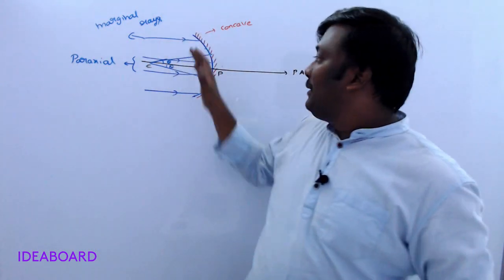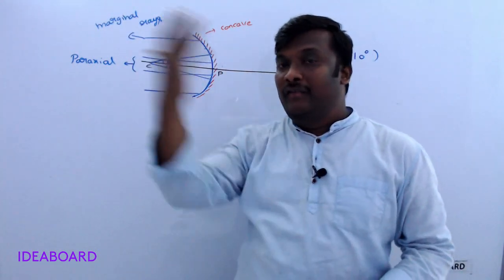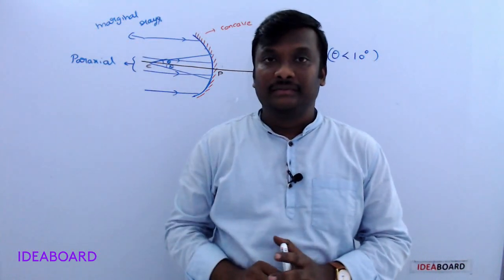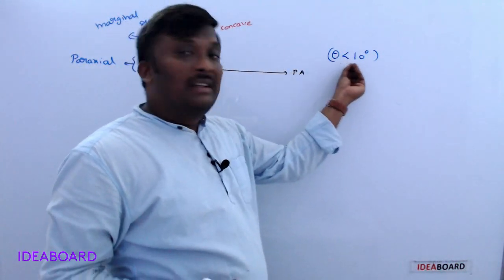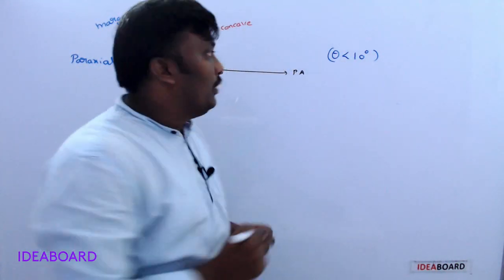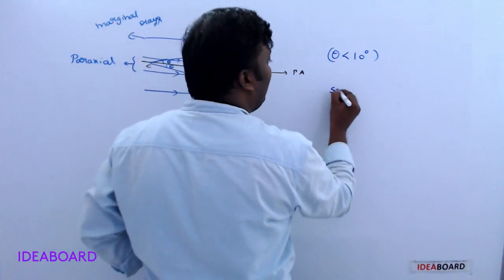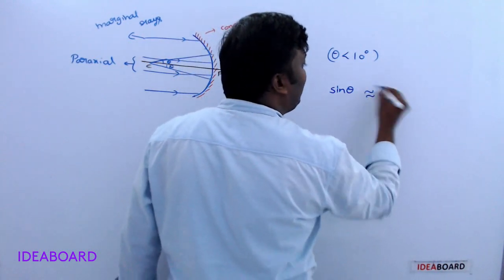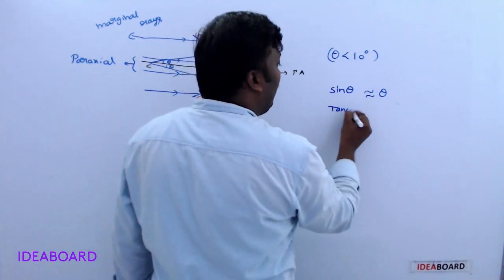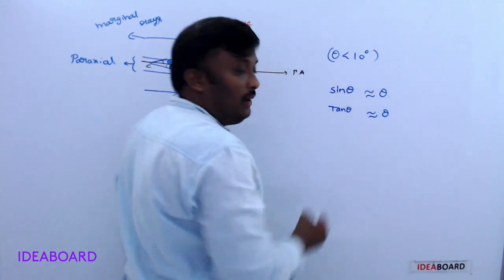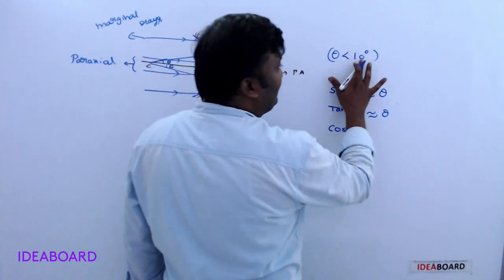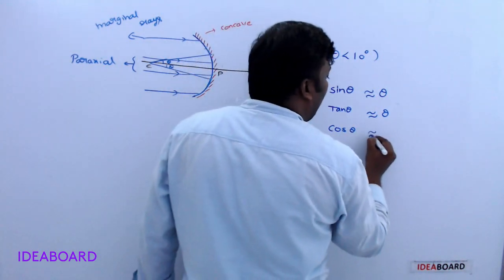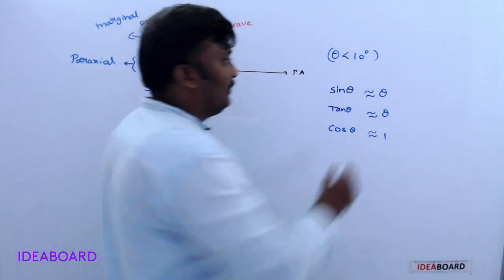For understanding purposes, we draw the diagram very large everywhere, but you must consider only paraxial rays. So what is the angle made by them? Theta less than 10 degrees. Whenever the angle is very small, we know that for small angles sin theta is nearly equal to theta, tan theta is nearly equal to theta, and cos theta is nearly 1, since cos 0 is 1.